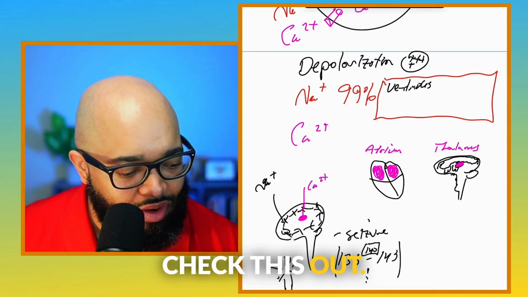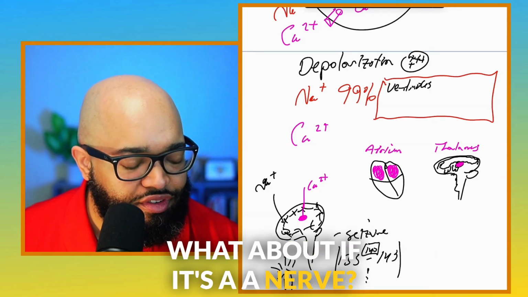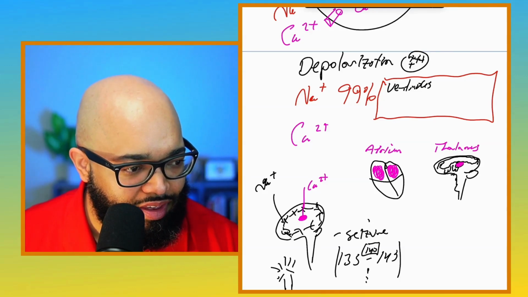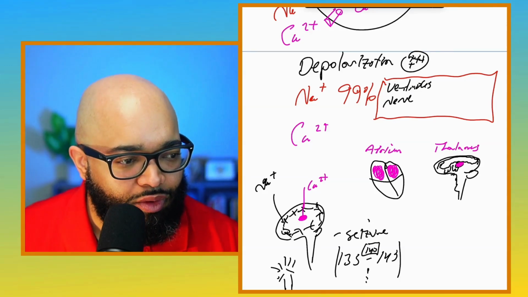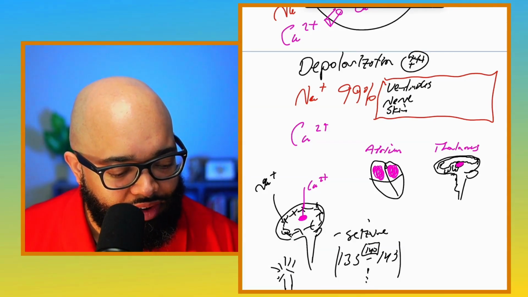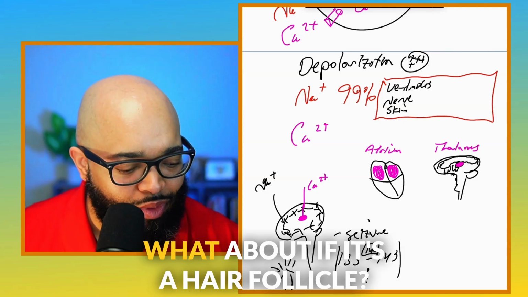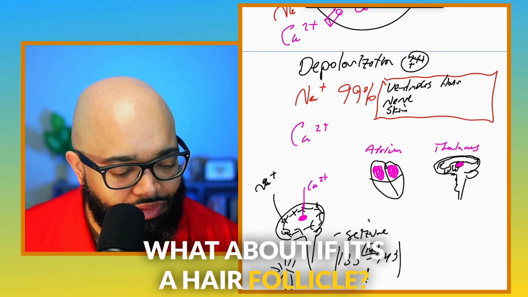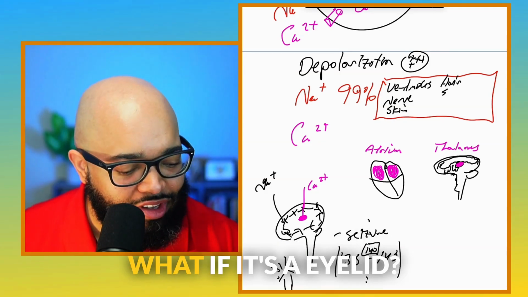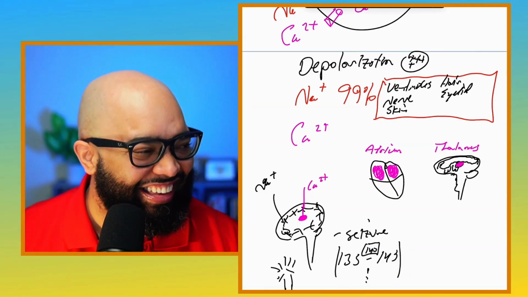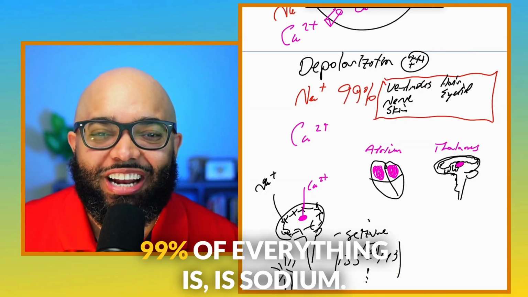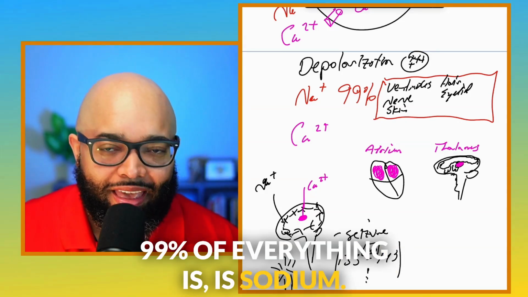Check this out. What about if it's a nerve? What about if it's a skin cell? What about if it's a hair follicle? What if it's an eyelid? 99% of everything is sodium.